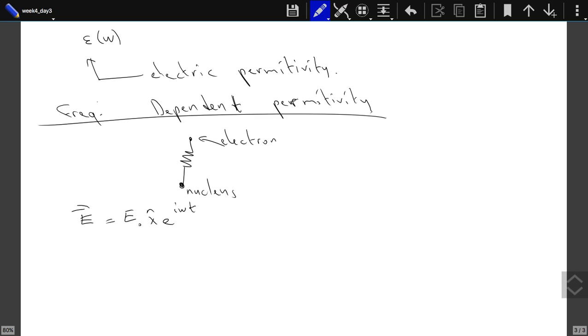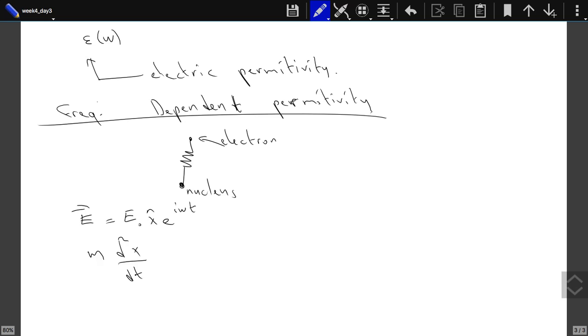Now, I will assume an electric field in the x direction, at the position of this electron. That's why I don't have any position dependence over here, because this is the electric field at the position of the electron.